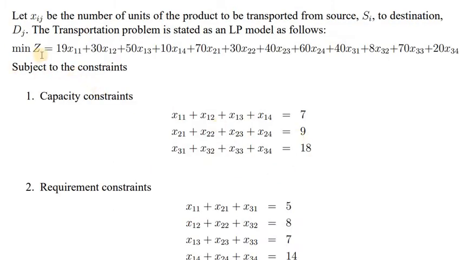The objective is to minimize 19x11 + 30x12 + 50x13 + 10x14 + 7x21 + 30x22 + 40x23 + 60x24 + 40x31 + 8x32 + 70x33 + 20x34, subject to the capacity constraints: x11 + x12 + x13 + x14 = 7, the next is 9, and the last one sums to 18.